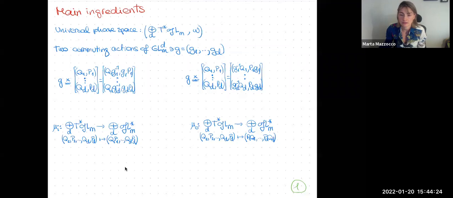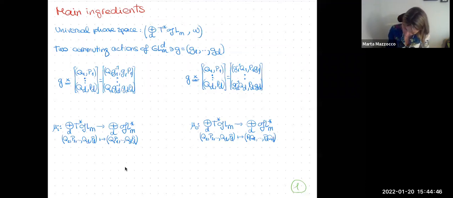And let me present the frame, the setup in which we work. It's a very simple setup. We take the direct sum of many copies of the cotangent bundle of the easiest object in the world, which is the Lie algebra gl_N.